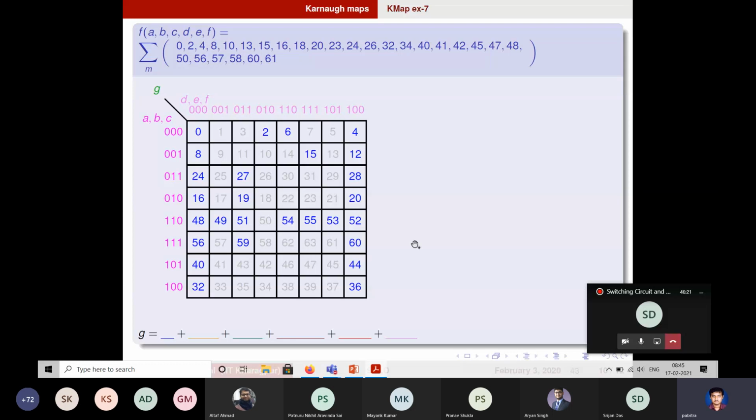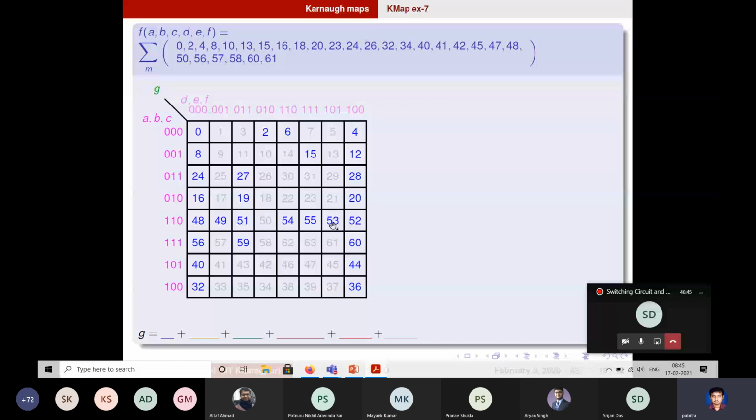And what are the rules of adjacency here? Algebraically, the rule of adjacency is very clear: it should differ by just one variable. The geometric visualization involves all this reflection and wraparound. Let's say these blue ones are the true minterms.